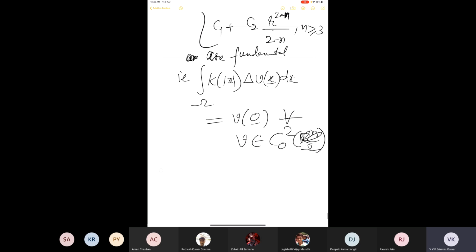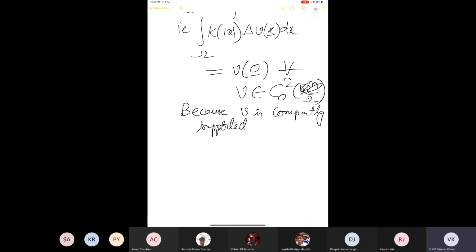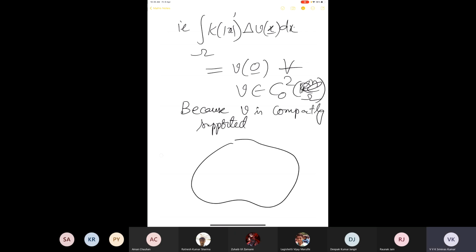Because V is compactly supported, we are in Rn with a domain omega. What is meant by compactly supported?